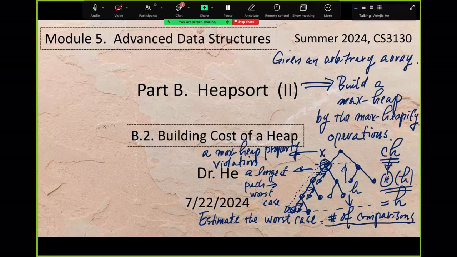So let's do that estimate. On the next slide, based on our understanding here, we will apply the result we derived to estimate the total building cost.